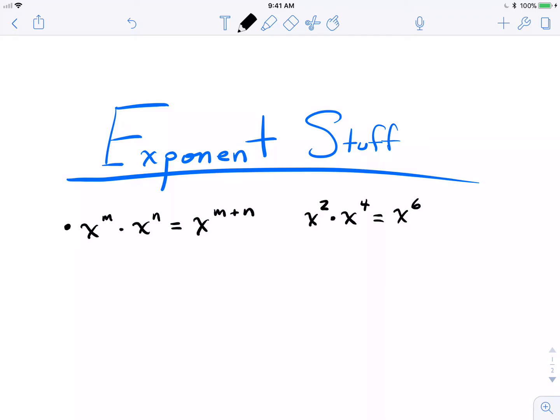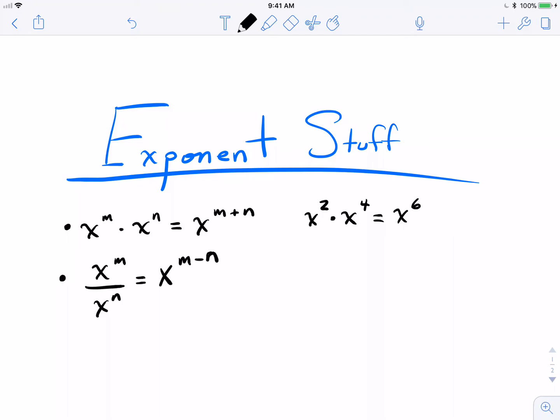We add exponents. Similarly, when we divide like bases, in this case we refer to x as our base, I couldn't apply that first rule or this rule if I had x and y. They would have to be the same base, either the same number or the same variable. I can subtract. That goes hand in hand. So when I multiply, I add.